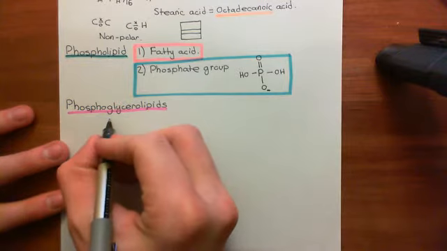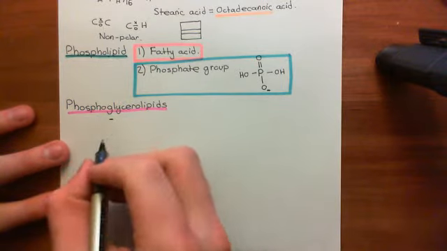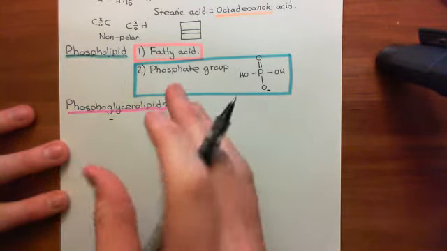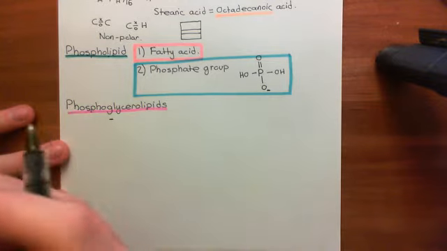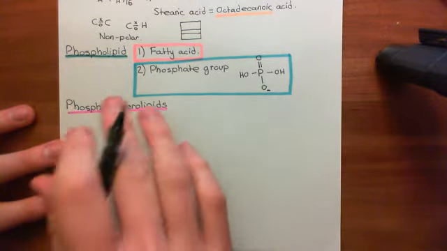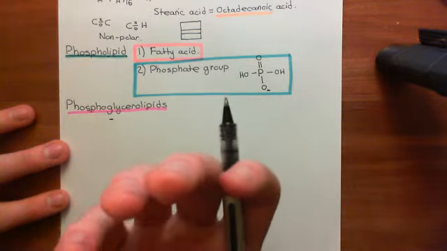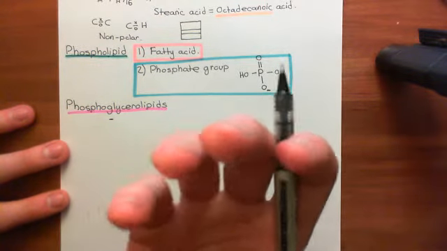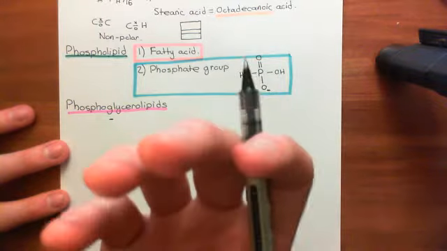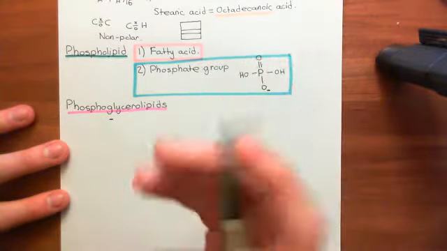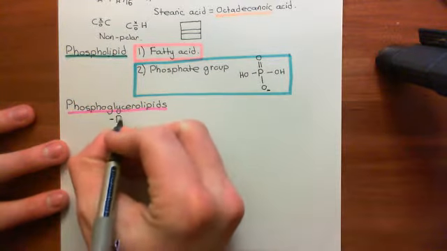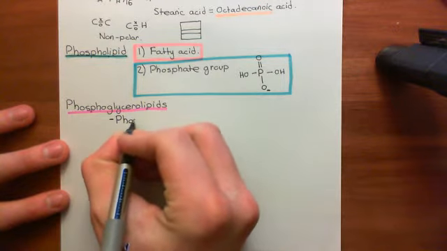We're going to start by talking about the molecule upon which all the other phosphoglycerolipids are built. There is a core phosphoglycerolipid, the most basic of all, the one from which all the others are derived. We're going to start by discussing this phosphoglycerolipid.